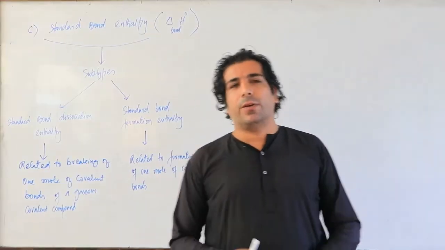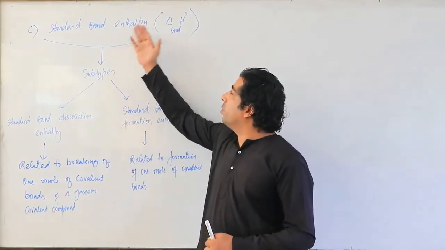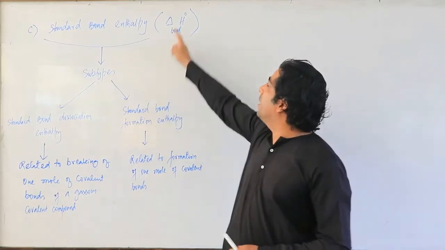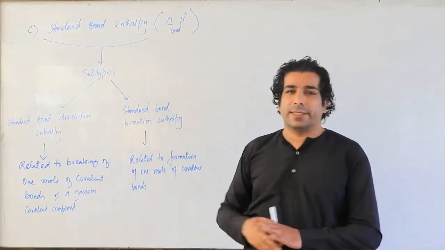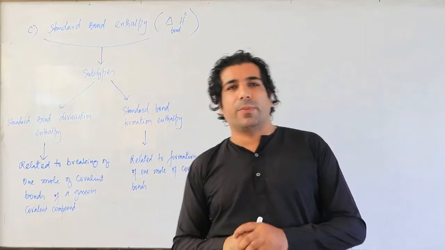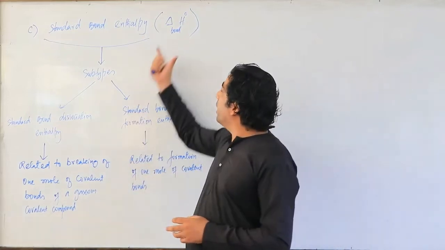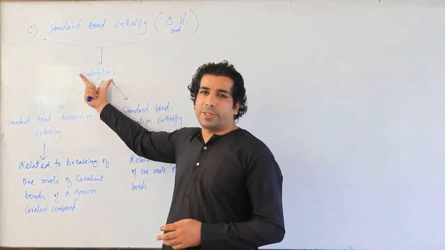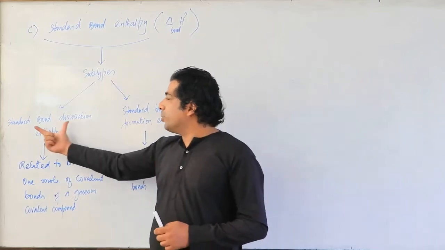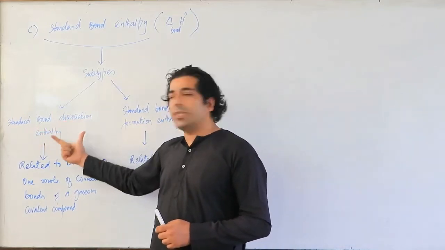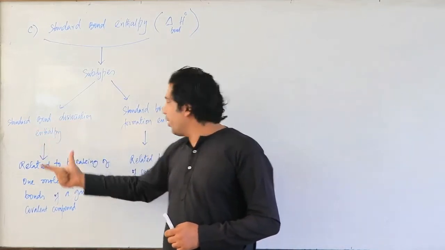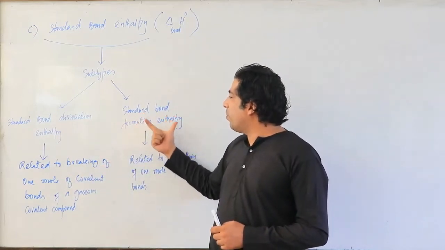So dear friends, now we'll be talking about the standard bond enthalpy, that is delta H naught bond, my dear friends. Now if you look at this, it has two subtypes. It can be a standard bond dissociation enthalpy, or it can be a standard bond formation enthalpy.